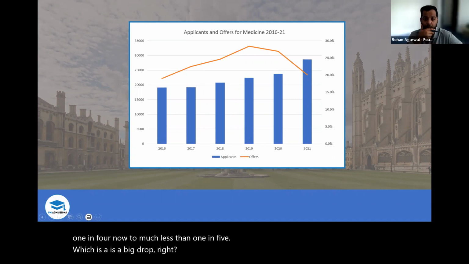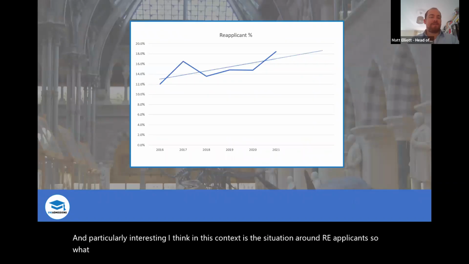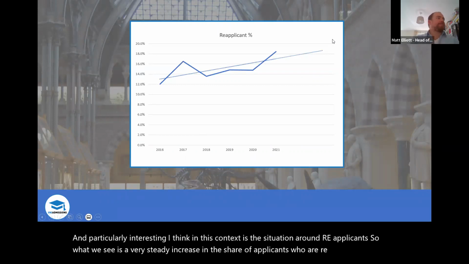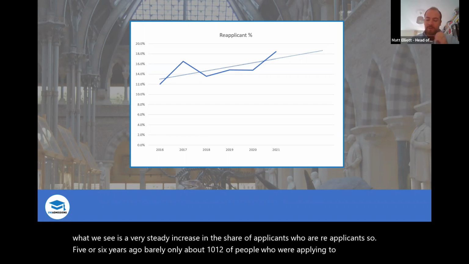Mm. Yeah, that's huge. And particularly interesting, I think, in this context is the situation around reapplicants. So what we see is a very steady increase in the share of applicants who are reapplicants. So 5 or 6 years ago, only about 10–12% of people who were applying to medicine were doing so for the second time.